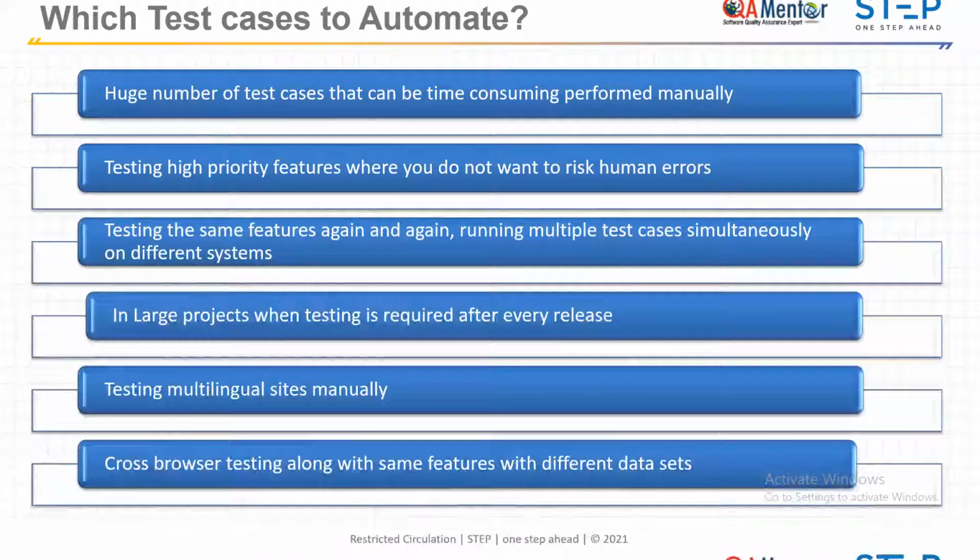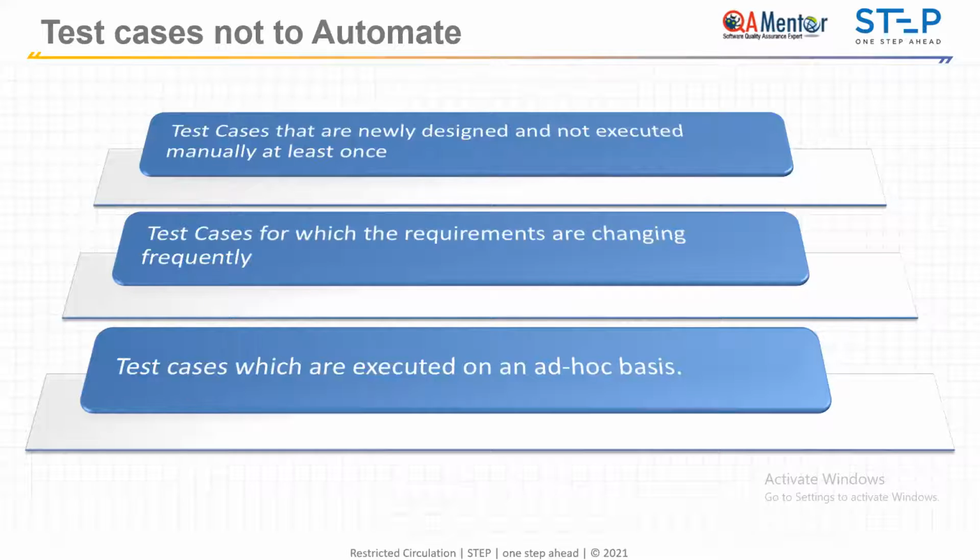Going ahead with which test cases are not suitable for automation. The test cases which are newly designed and not tested manually at least once can have multiple defects. Defect clustering will be there.